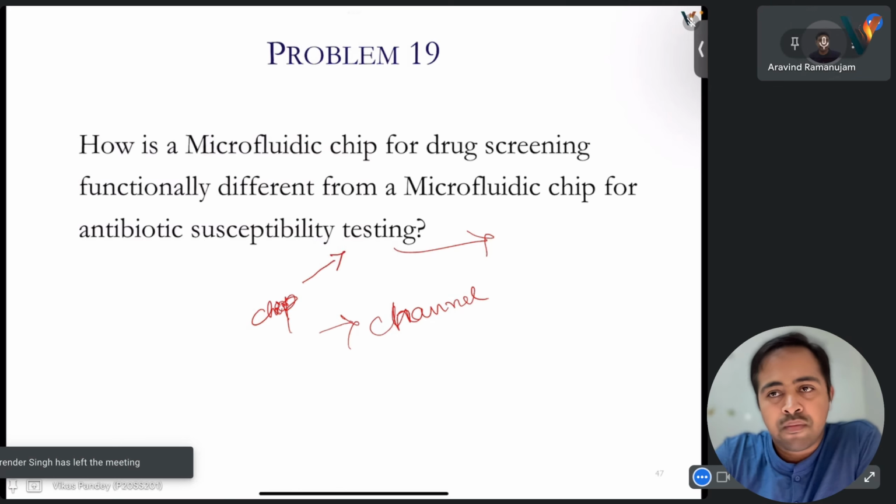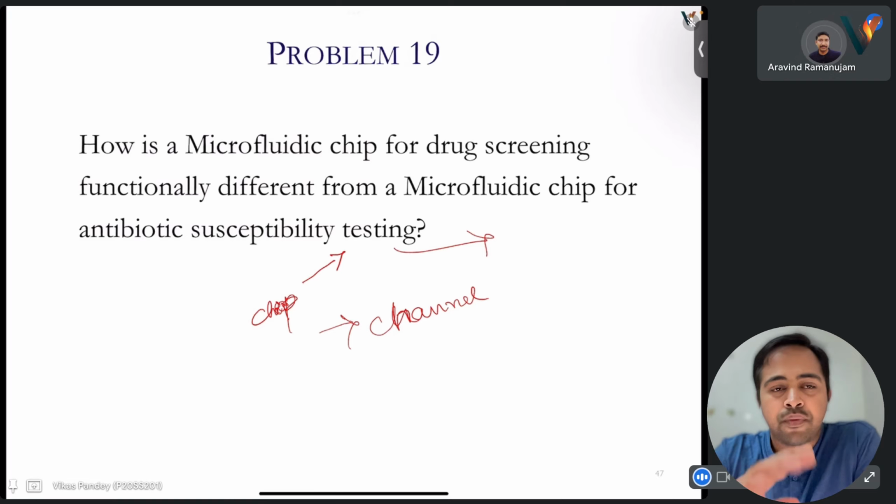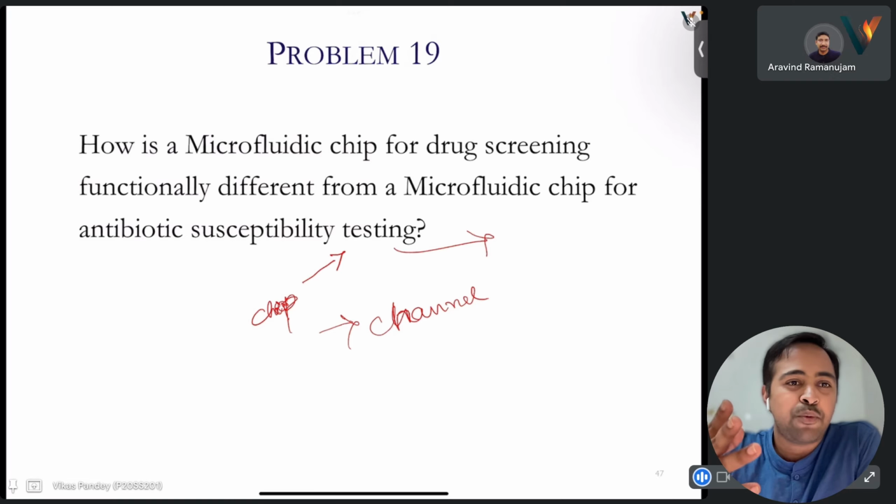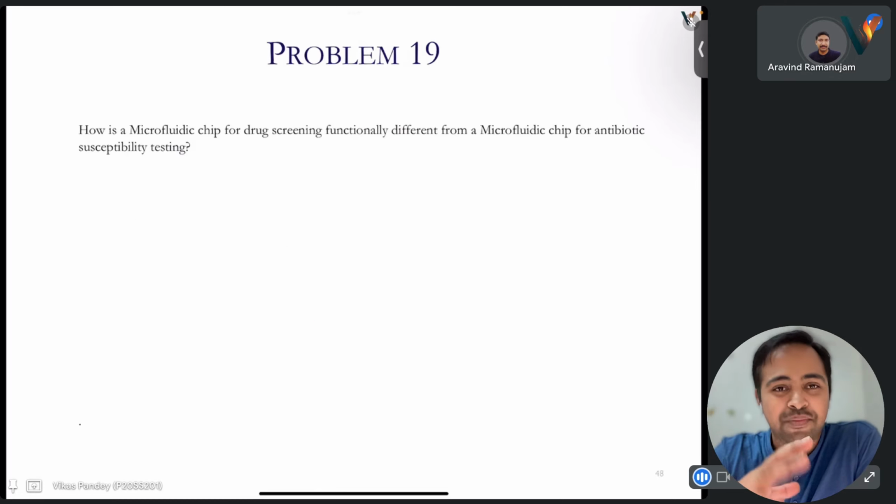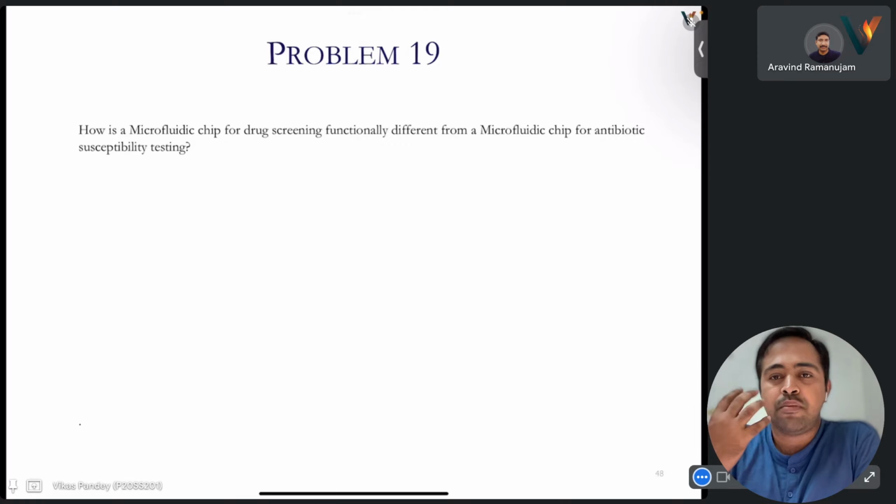Dynamic testing. Fine. This is some essay type of question. Certainly, it will not directly come in the exam, but you can check what the difference is, because both of them look very similar.